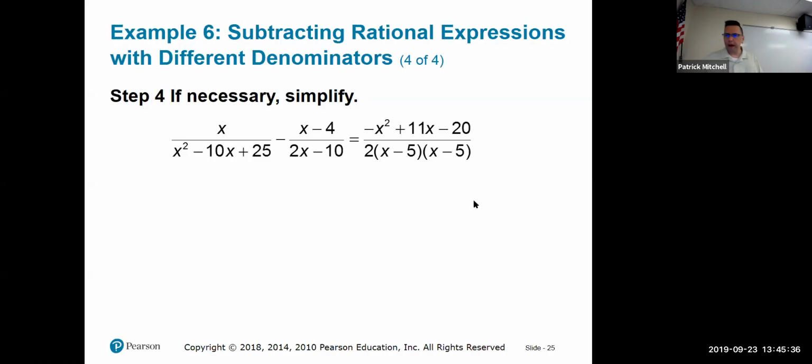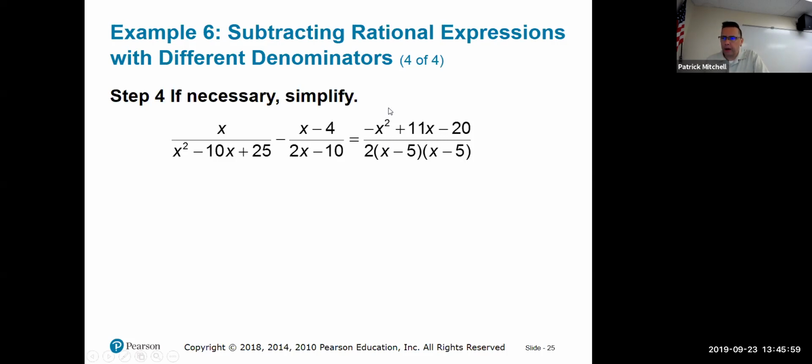All right, we're just about done with this problem. So on the last slide, we got it to this point. So the difference between these two expressions comes out to negative x squared plus 11x minus 20 over 2 times x minus 5 times x minus 5. So now I just have to try to simplify that.